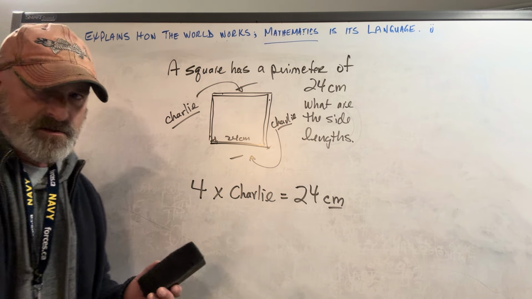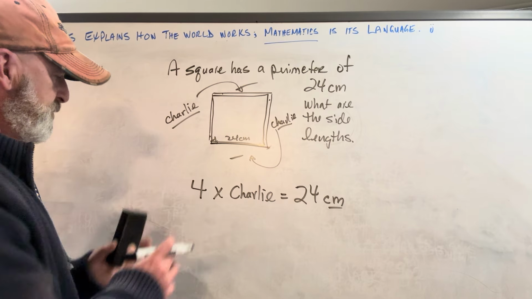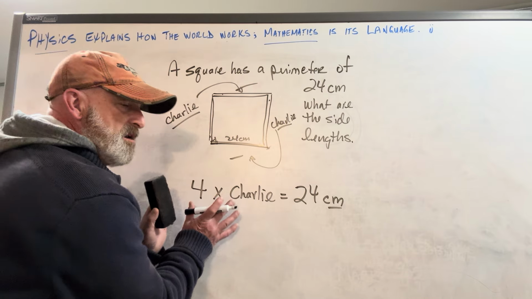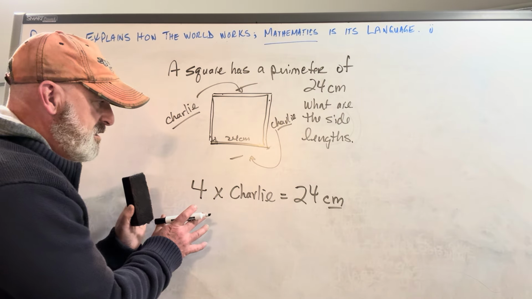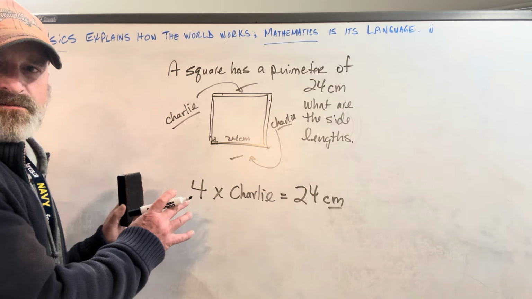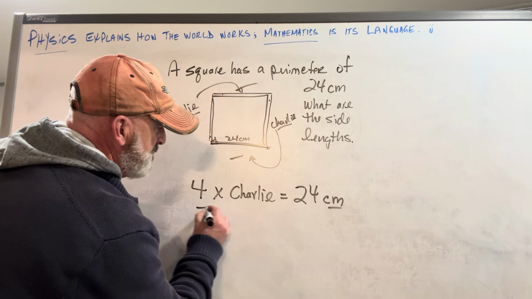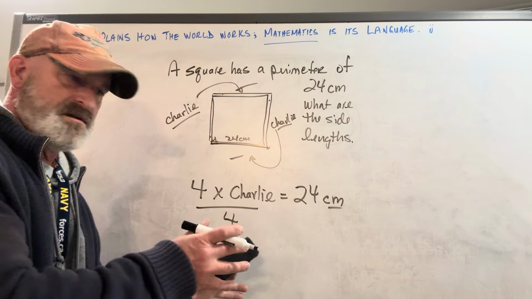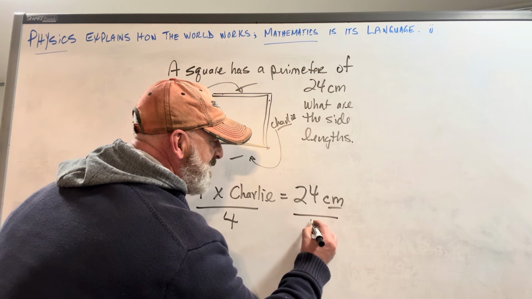And we know from some algebra that if we're multiplying on one side of the equation, in order to get rid of this 4 that's in front of Charlie, then we have to divide this side of the equation by 4. So let's divide this side of the equation by 4. And what we do to one side, we have to do to the other side because it's an equation.